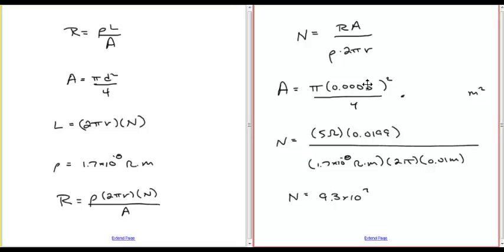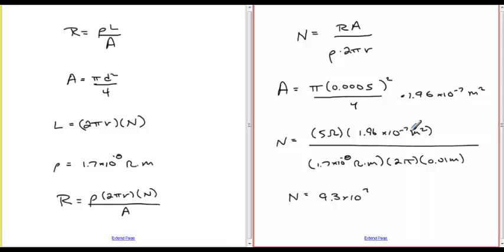So I have pi times 0.0005 squared divided by 4, and I get 1.96 times 10 to the minus 7th. That looks better. So 1.96 times 10 to the minus 7th meters squared.